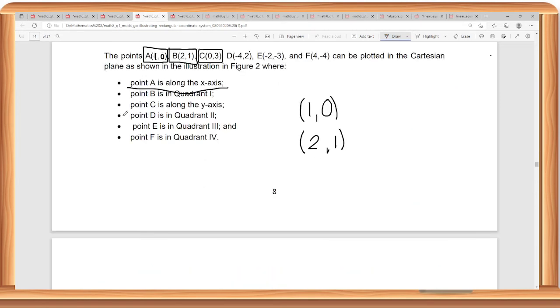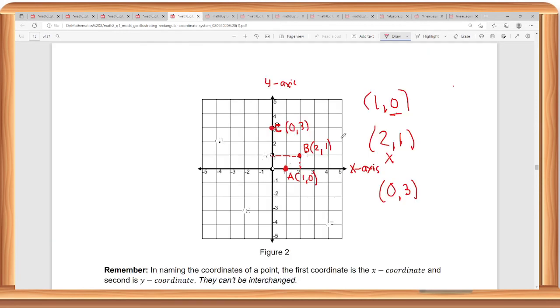Okay, so let's see here, point D. Point D, we have a negative x coordinate, that's negative 4, but positive y coordinate. Negative means it is on the left side, and positive y means it is above the origin. So let's locate it here.